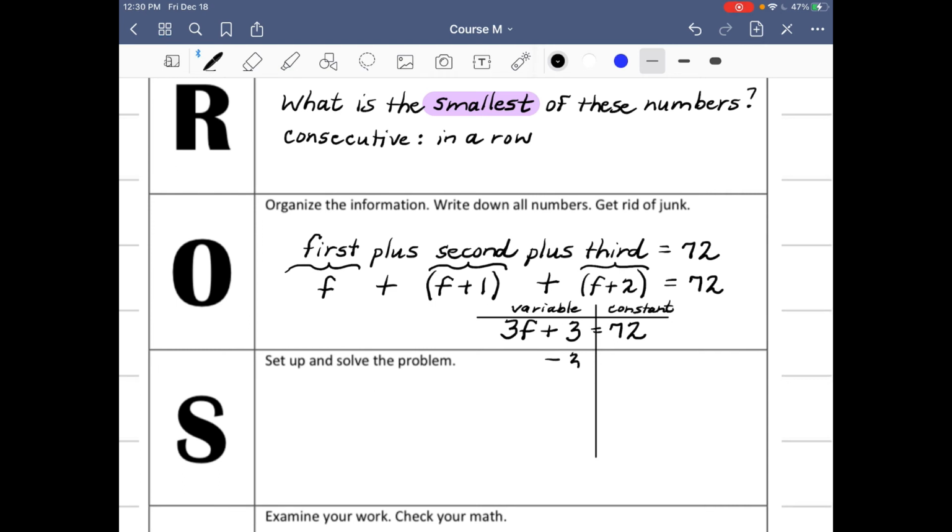So we are going to subtract this 3, and we have 3F equals 72 minus 3. So that's going to be 69. Divide by 3. And you're left with F equals, use your calculator, 23.